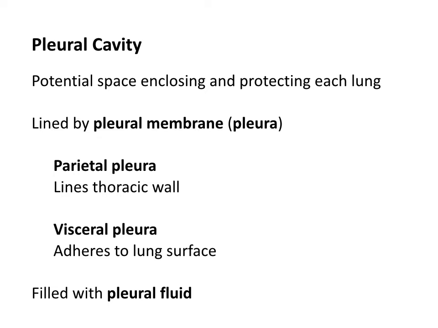So as the parietal pleura and visceral pleura slide past each other during respiration, this fluid is going to reduce friction, which could potentially create inflammation. Now, the two pleura and your pleural fluid are going to be involved with the creation of the pressure gradients that have a role in expanding your lungs during inhalation. So we're going to be using these structures as we breathe.